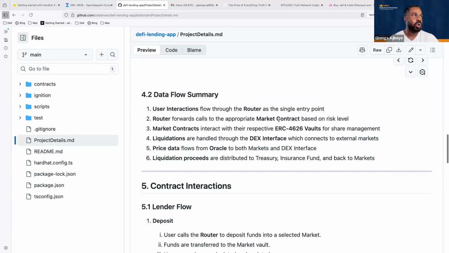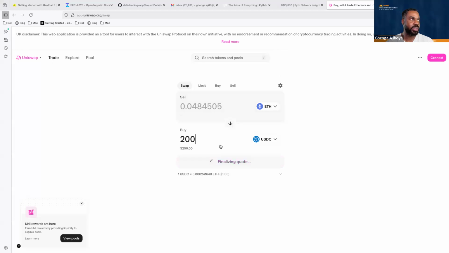So the router forwards the call based on risk level. The market contracts interact with the 4626 vault for share management. You can read up on this if you're interested. I actually recommend that you should. Liquidations are handled through the DEX interface, like I said earlier.